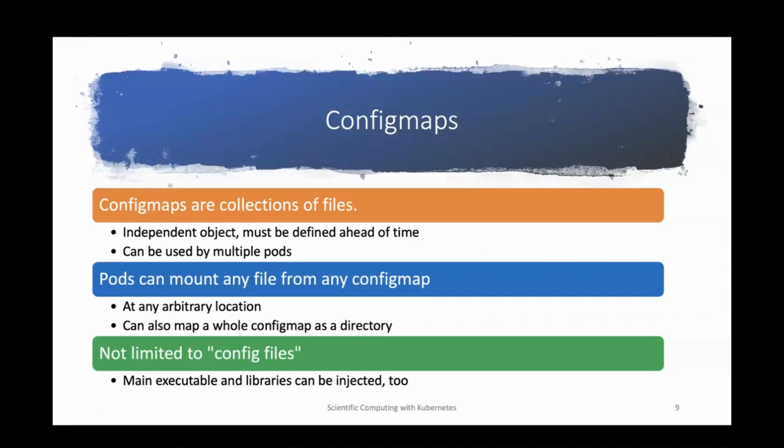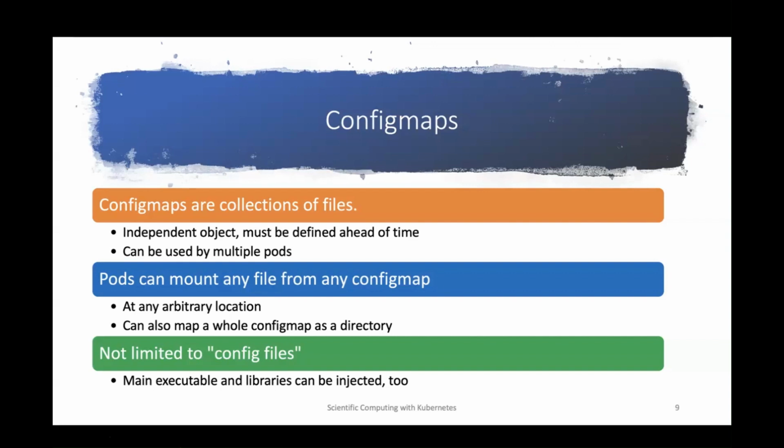By far the most flexible are the config maps, which are essentially just a collection of files that you create and tell Kubernetes it exists, and once this config map exists, you can mount each and every file inside that config map at any arbitrary location inside your container.